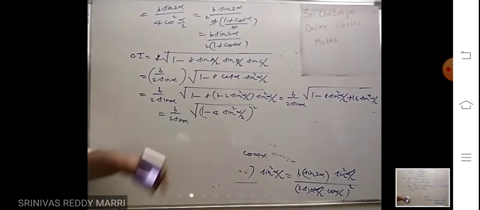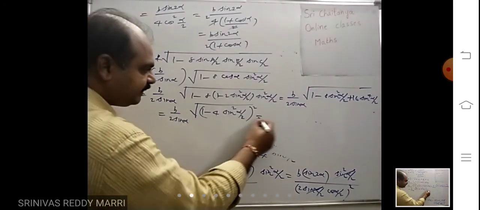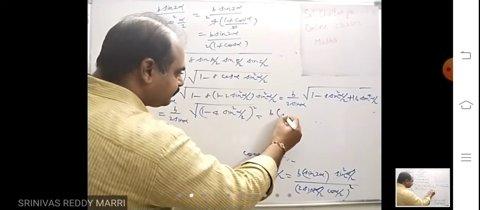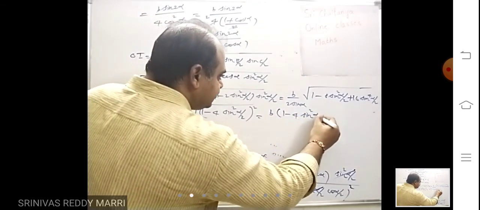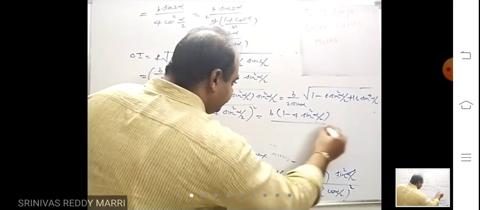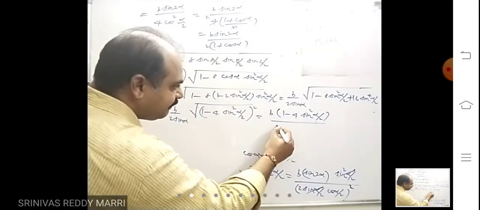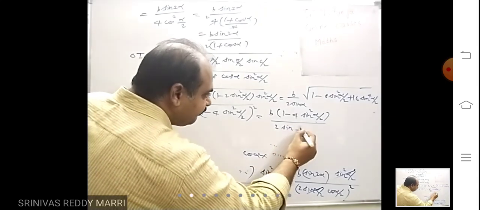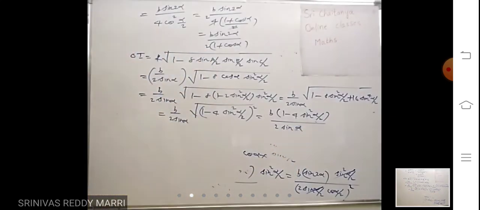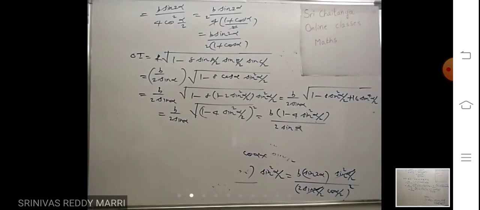So a minus b whole square. That means b into 1 minus 4 sine square alpha by 2 divided by 2 sine alpha. Now look at, the answer is not given like that. You have to further simplify.